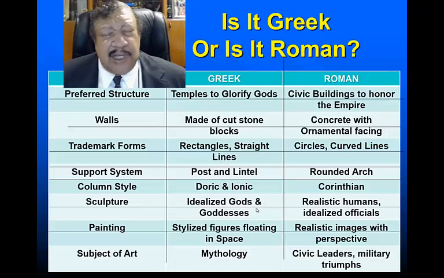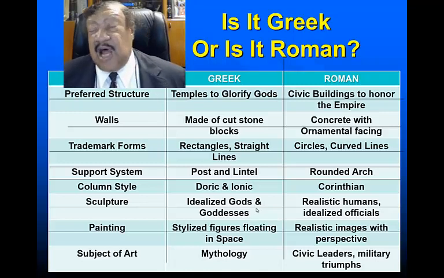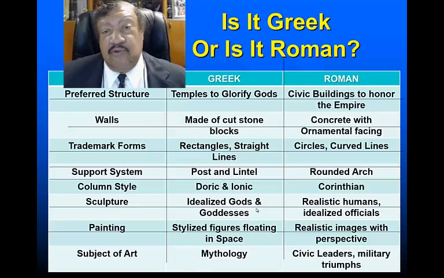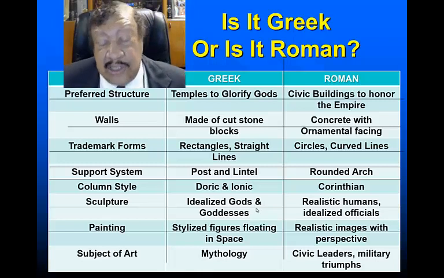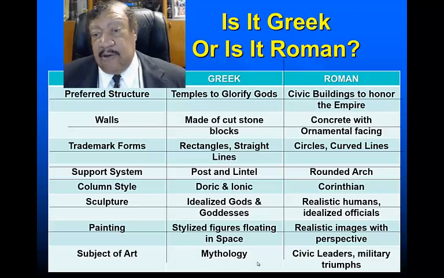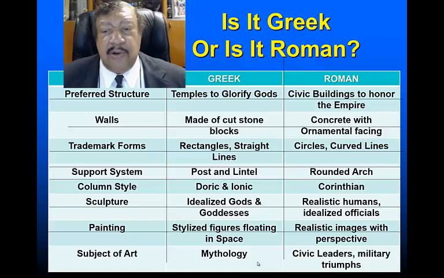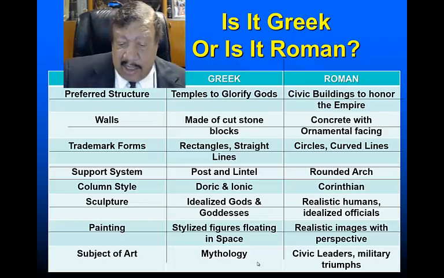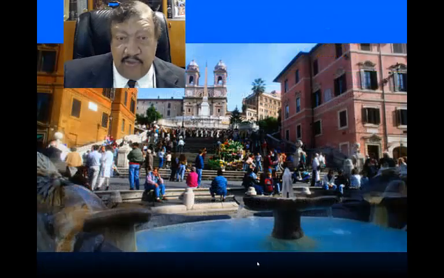Roman painting can be picked up very easily because the backgrounds tend to be red, whereas the Greeks had more stylized floating figures in space. And last but not least, the subject of their artwork tended to be mythology. In Greece, the Greek-Roman gods and goddesses, whereas in Rome, their subject matter was focused on civic leaders, military generals, and of course battles that had been won by the Romans.